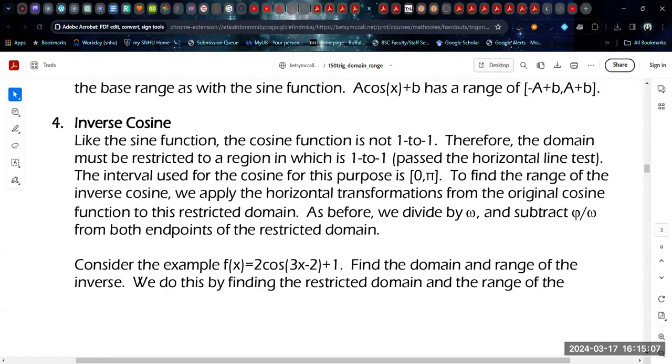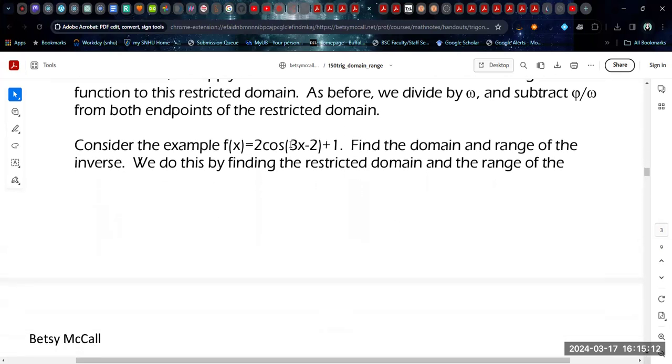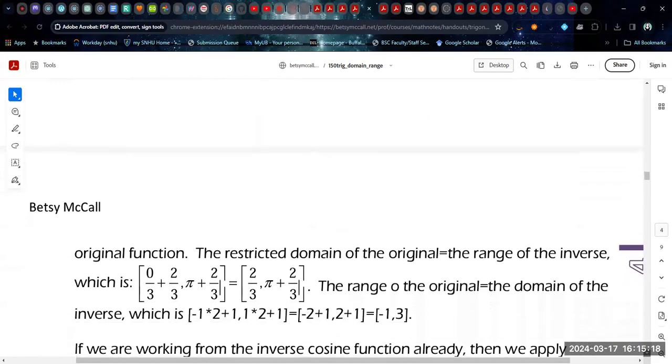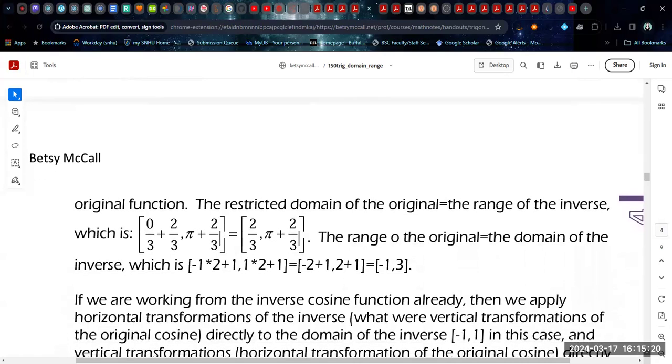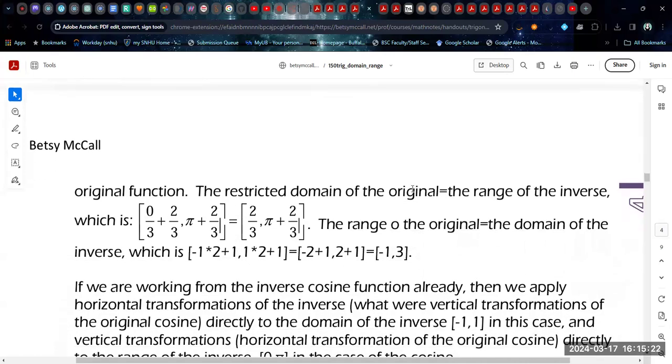So to find the domain and range of the inverse, we restrict the original function to 0 to pi, and then we apply our transformations to the domain to get the range of the outcome. So here, the restricted domain of the original is the range of the inverse, and then we apply our transformation.